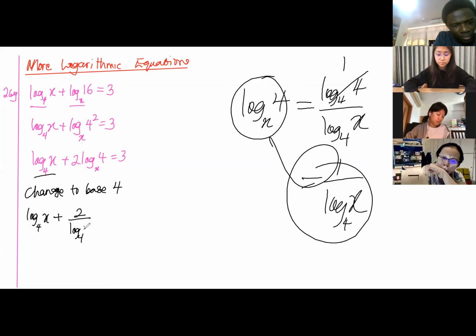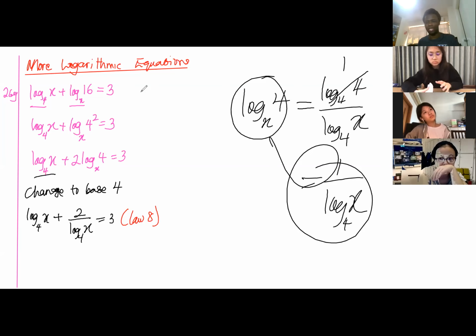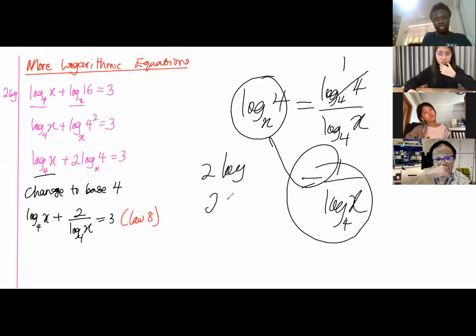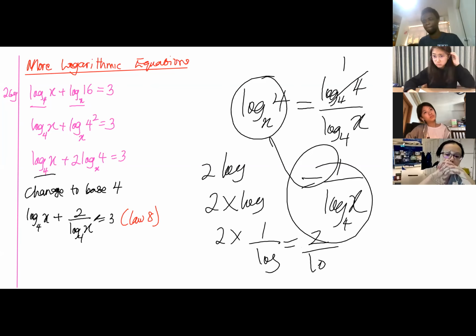So by law 8, I can write it this way. What Candy said is exactly what has happened, but you can write it directly. Remember that 2 log whatever means 2 times log whatever, which means 2 times 1 over log, and that is why it is 2 over log. That's how we got this.